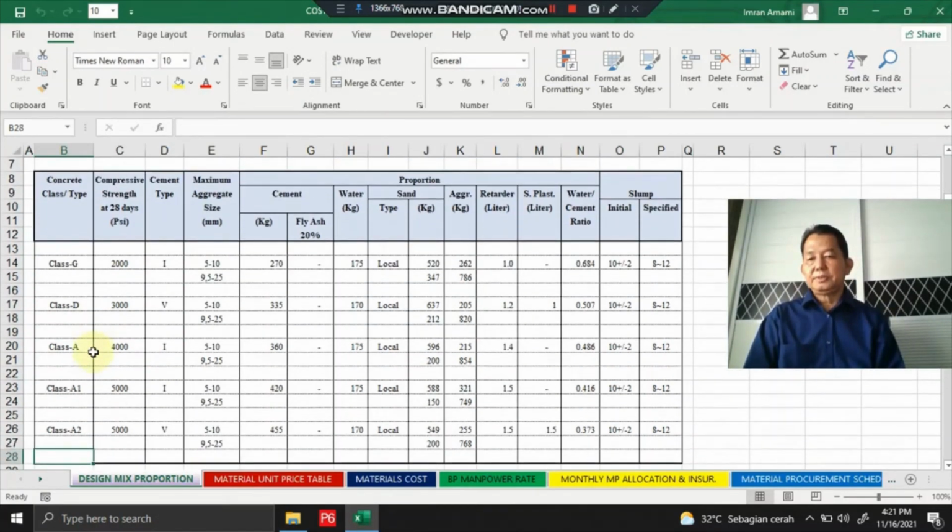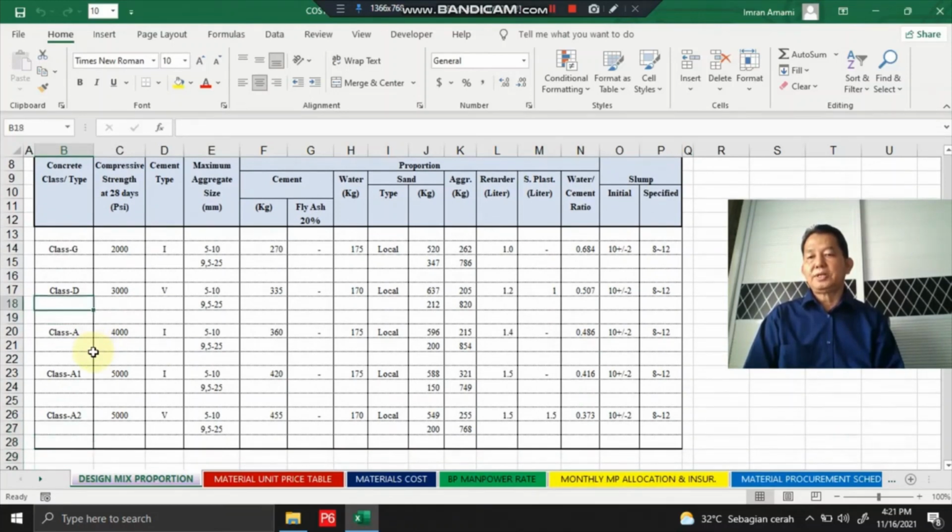This is for all classes of concrete, starting from class G with strength 2000 by type 1, class D with strength 3000 by type 5, class A with strength 4000 by type 1, class A1 with strength 5000 and type 1, and the last one is class A2 with strength 5000 and type 5.